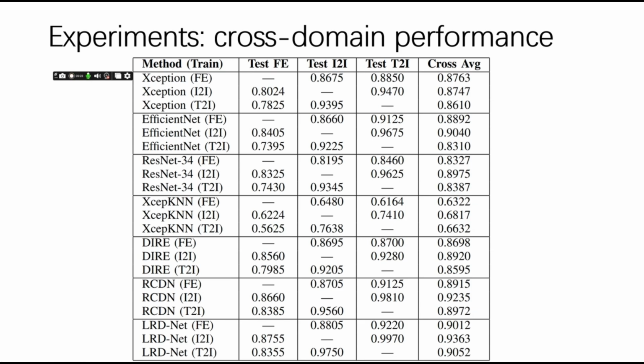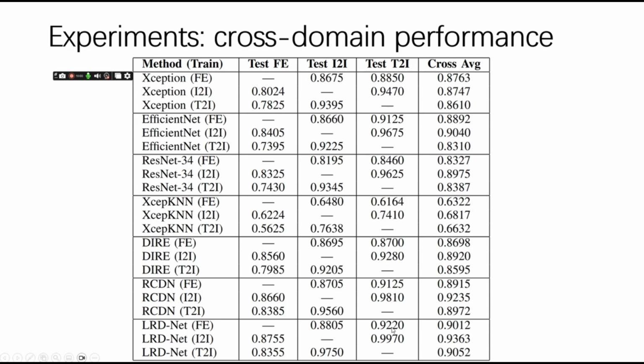The Xception, the first method, has almost perfect in-domain performance, but for the cross-domain, the performance drops to like 87. EfficientNet drops to 88, 90, or 83. So for these examples, it demonstrates that the current solutions focus on in-domain performance, while for cross-domain performance, they underestimate the importance.